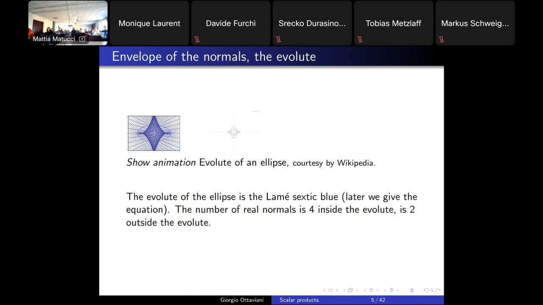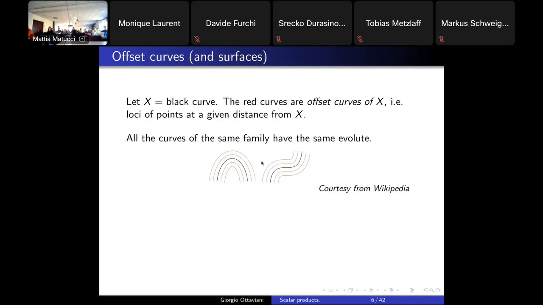And now I show you, I hope it works. In Wikipedia, there is this picture that computes all the normal lines to an ellipse. And let's see if I... No, it does not work.